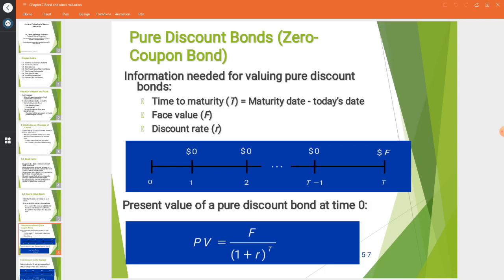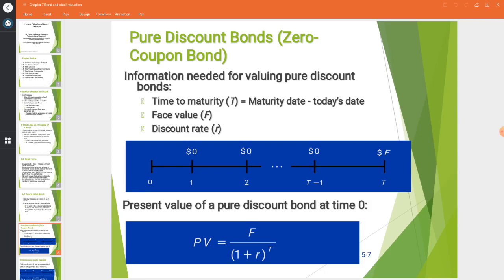Example, imagine that we have a zero coupon bond with a maturity of T. As you see, at the end of each year, we didn't have a coupon. At the end of the first year, we have zero coupon.